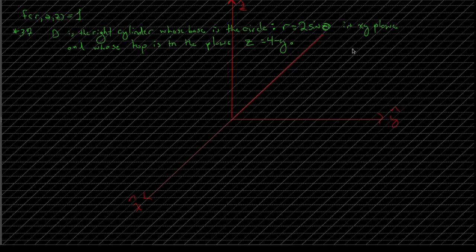And so let's look at this region, r equals 2 sine theta. When theta is 0, I'm pointing down the x-axis, and I'm at 0. When theta is at 30 degrees, I'm going to be at 1. When I'm at 90 degrees, or pi over 2, I'm going to be at 2.